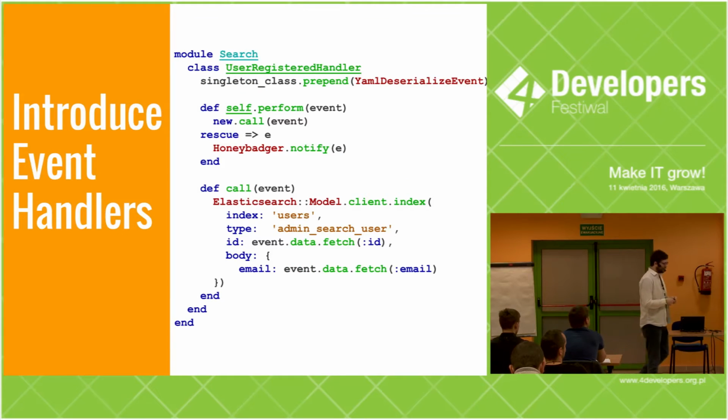So then you start introducing the subscribers, the event handlers, into your architecture. So here's an example of a very simple handler. It's simple because it only takes data from the published event, and it's sending to the Elasticsearch user ID, email, and some other attributes that we use.